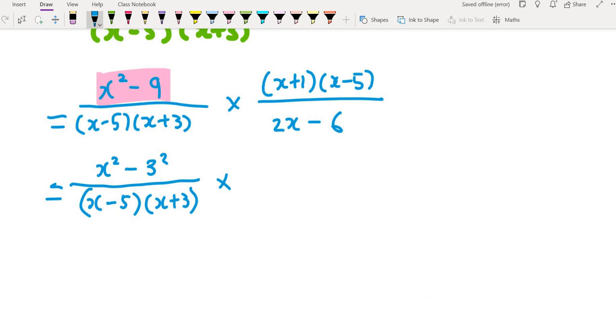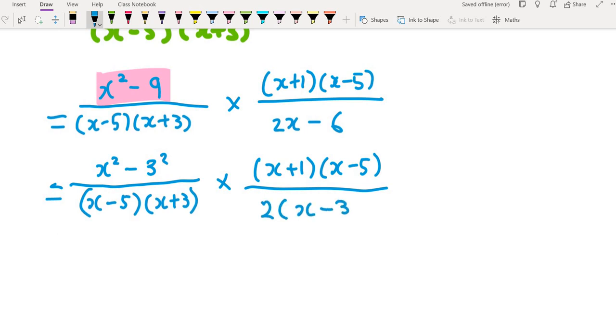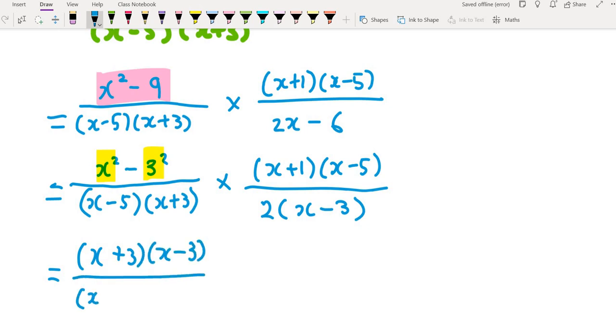And then this one over here stays the same, but on the bottom, let's factorize so it has 2 out front and we have x minus 3. And over here we have a difference of perfect squares, so let's use that to factorize this. So x plus 3, x minus 3 over x minus 5, and then x plus 3.